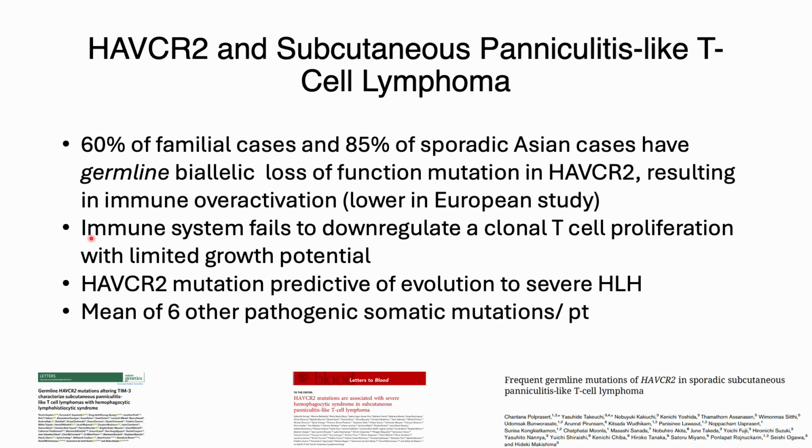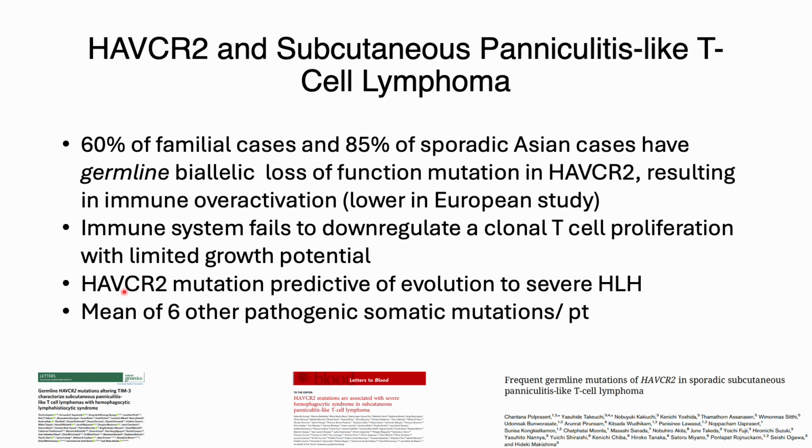So the idea is that HAVCR2 is a transmembrane molecule that normally downregulates immune activation, and when there's germline biallelic loss, it fails to downregulate a clonal T-cell proliferation with limited growth potential.